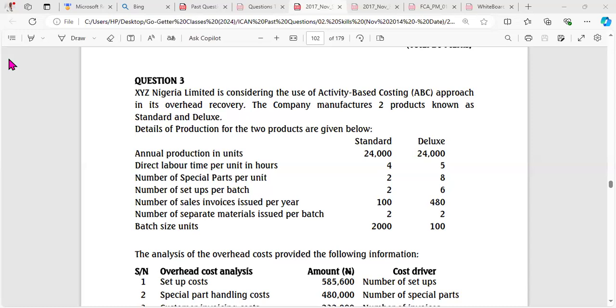We are looking at marginal costing as our topic for today, marginal costing methods.